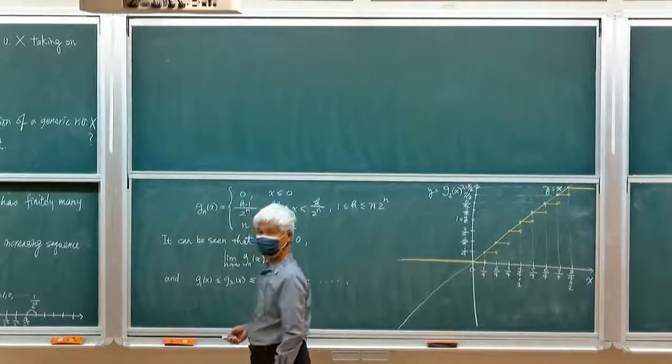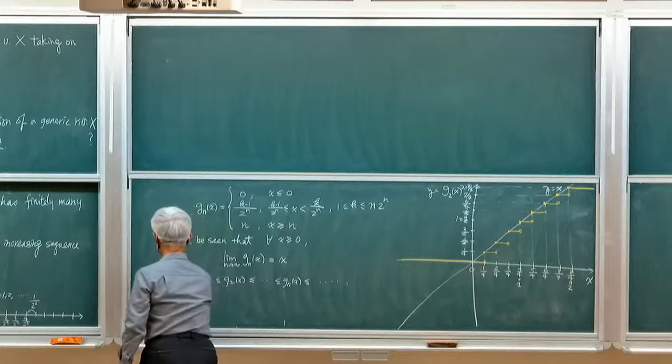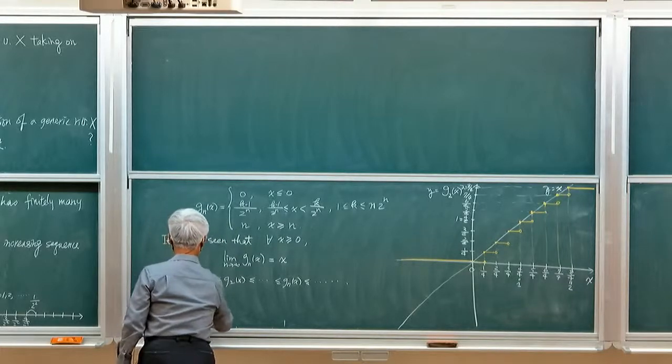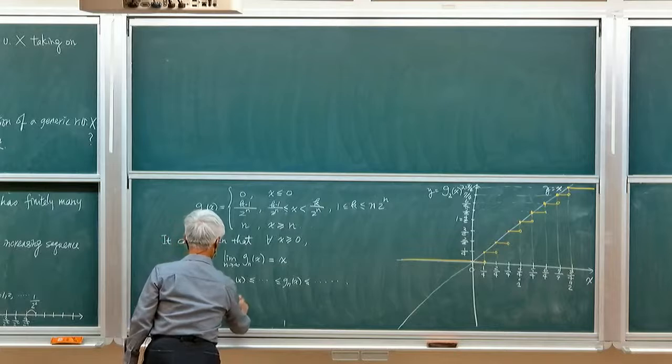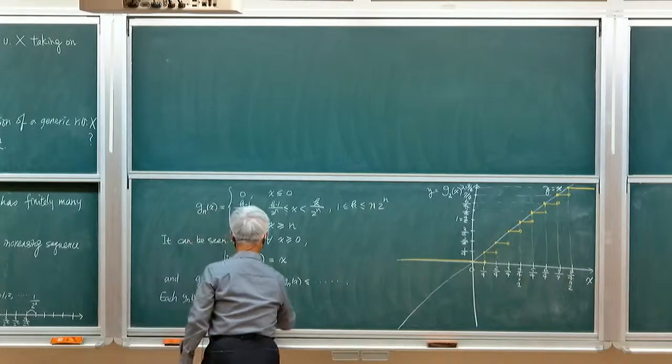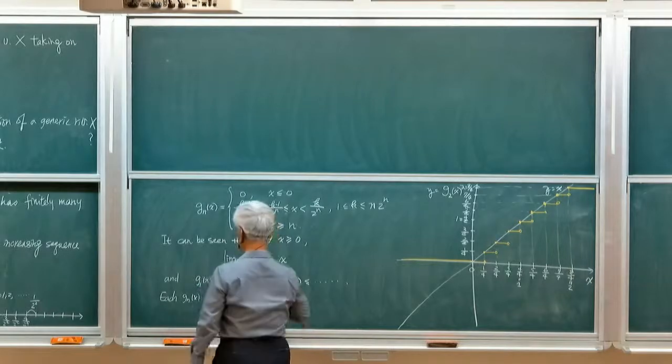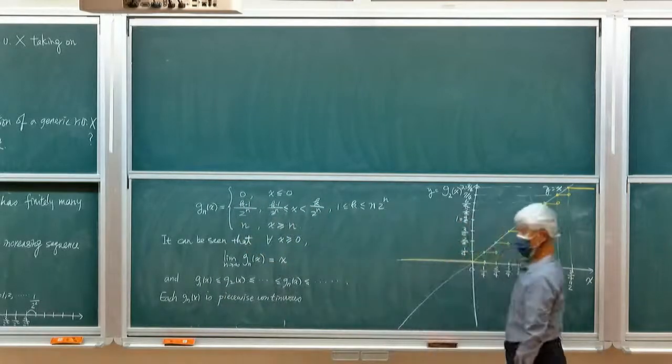Okay. Now, each Gn(x) is piecewise continuous, right? So you can see it is piecewise continuous.